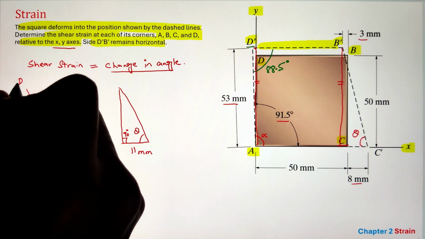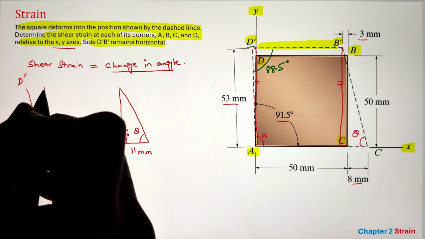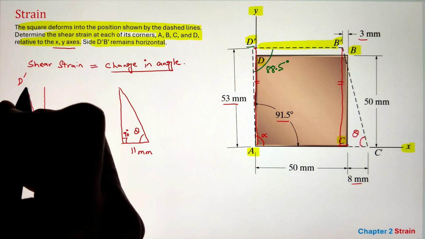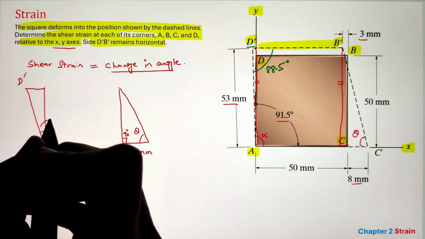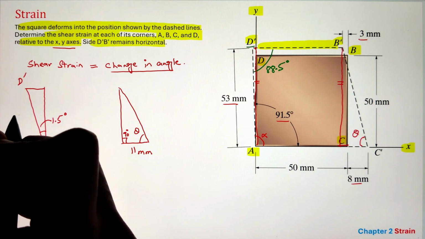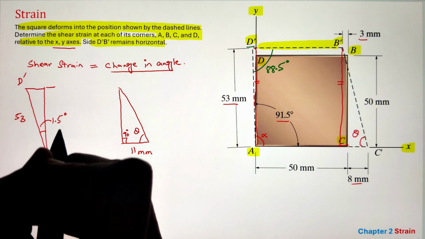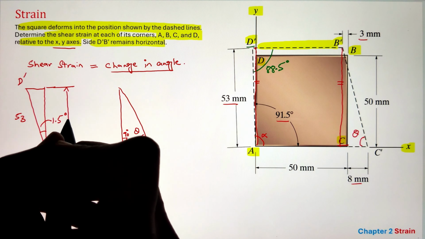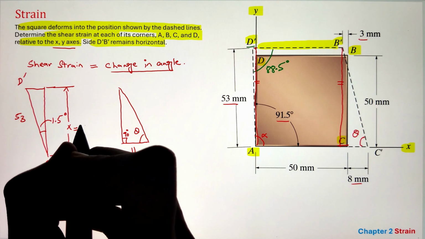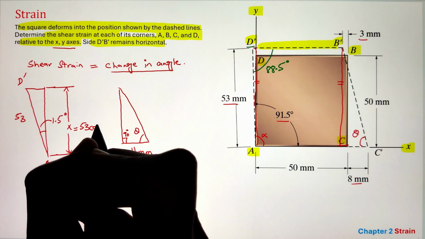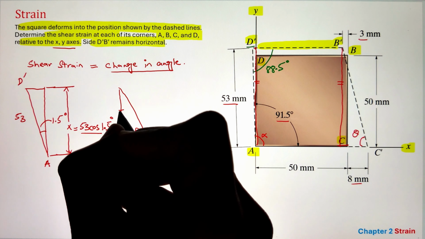However, we are given the information that the side D dash and B dash remains horizontal, which means that if I draw a line from the horizontal D dash B dash line towards the x-axis, that distance will equal the perpendicular of our right angle triangle. To find it, we can form an additional right angle triangle, this time between point D dash, A, and this new vertical line.